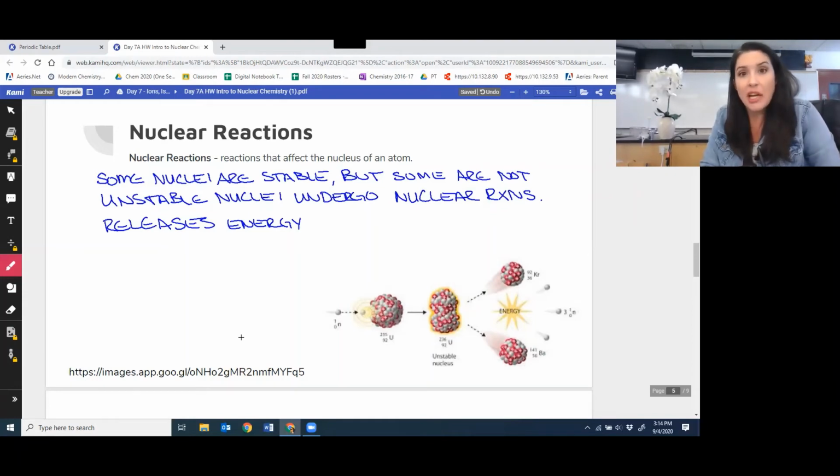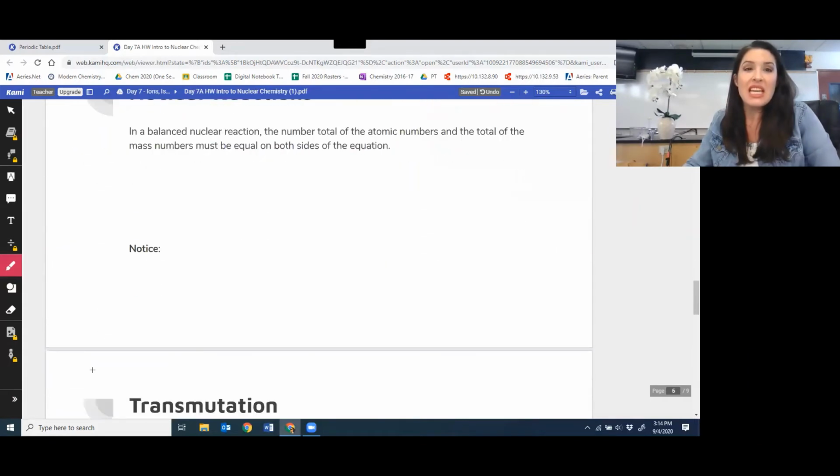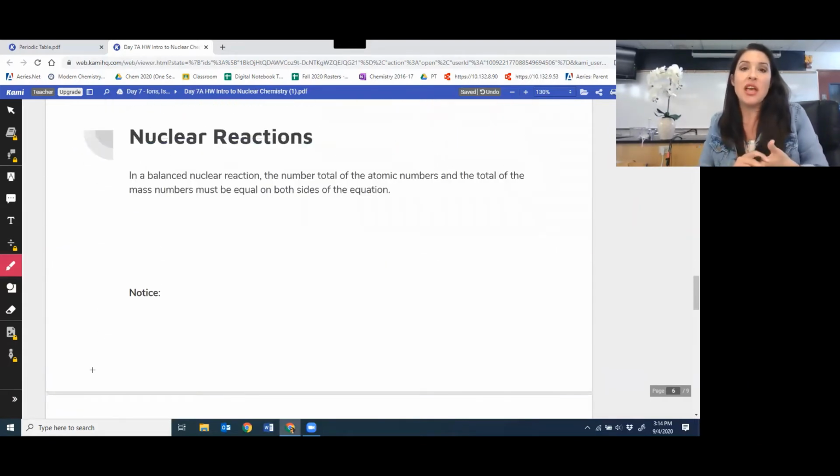Like chemical reactions, nuclear reactions can be written in a formula, and they can be balanced and solved. So let's try doing that today. In a balanced nuclear reaction, the total number of the atomic numbers and the total number of the mass numbers must be equal on both sides of the equation.